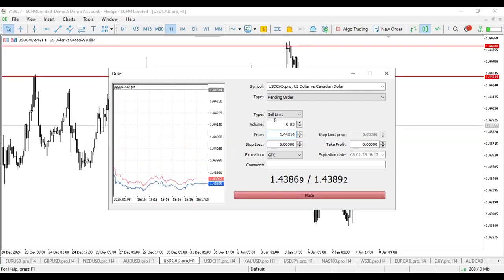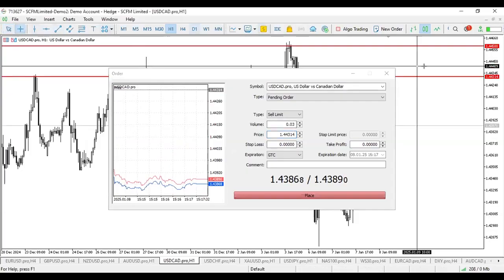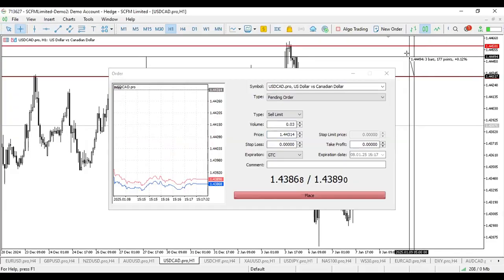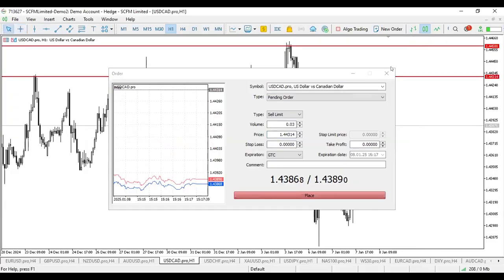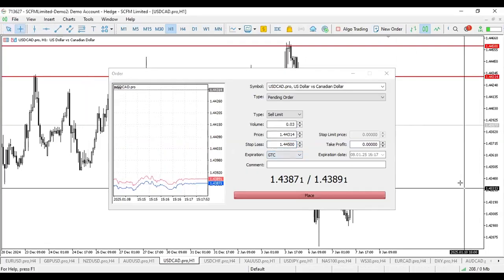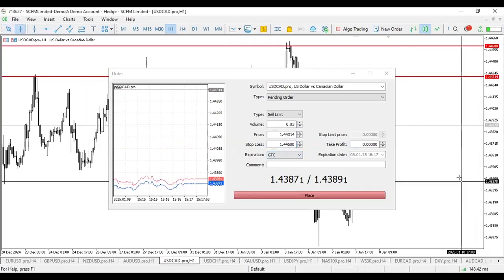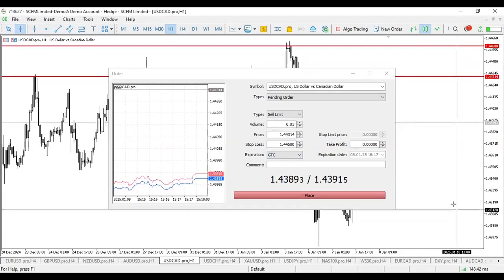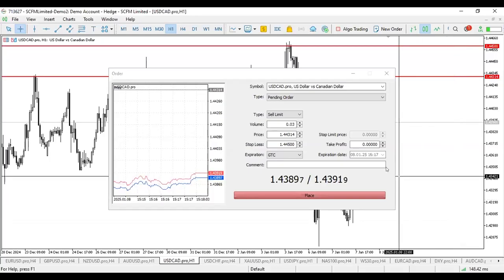Then your stop loss will be above your price, so let's use a stop loss of 1.44500. Then the take profit will be below. For this one, let's say 1.43200.